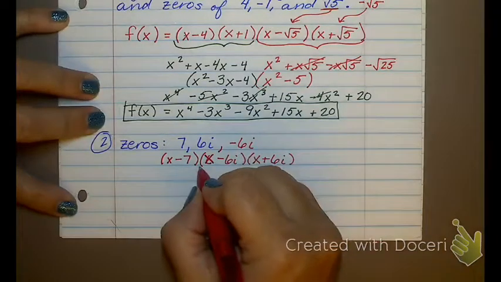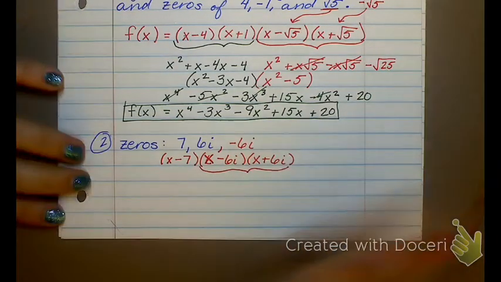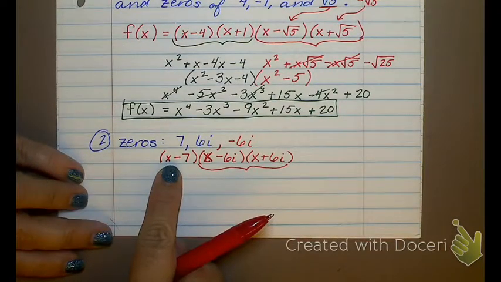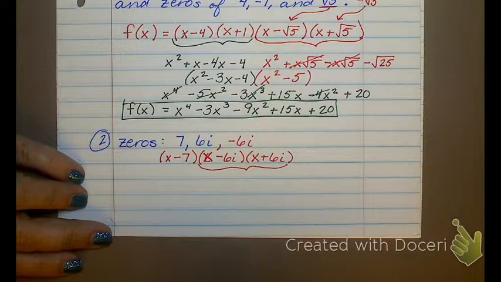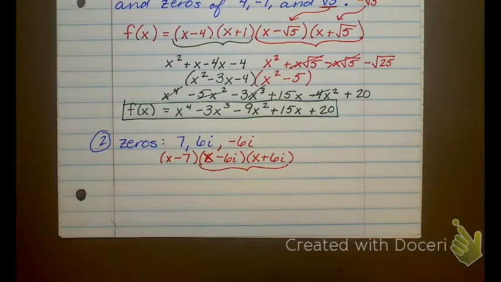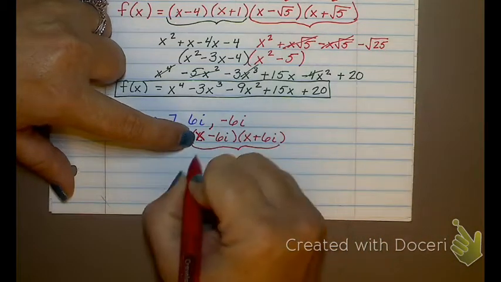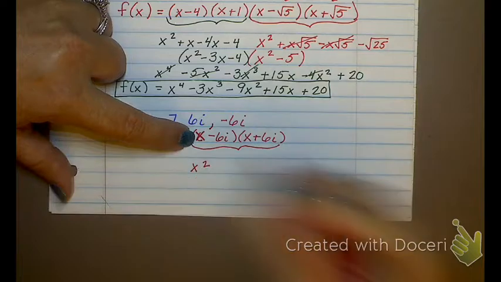So I'm going to start off multiplying the i's, and then I will take the answer and multiply it by the x minus 7. Because like I said, multiply the i's first or the radicals first. That's what makes it easy. So let's do this one very carefully. X times x gives me x squared.